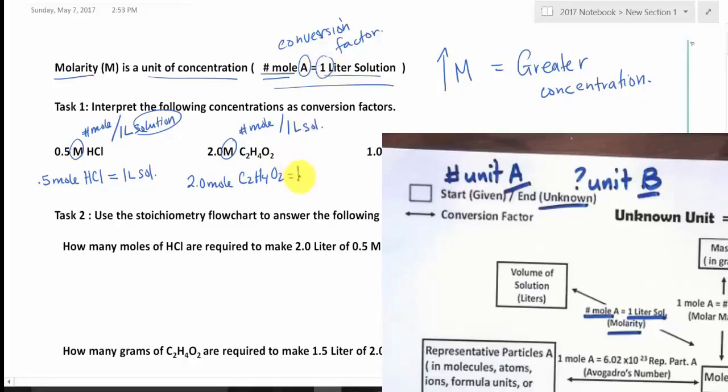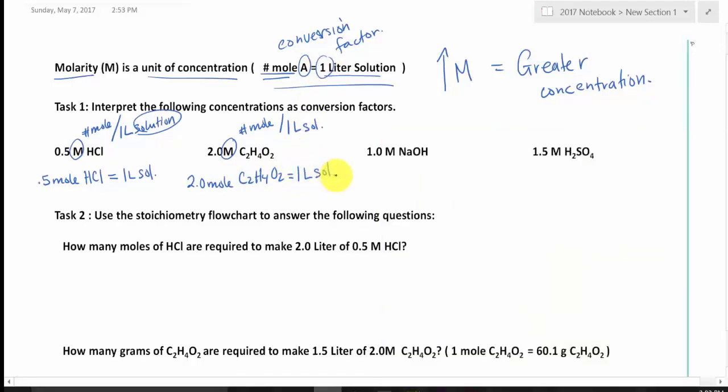Always equal to 1 liter of solution. And then over here we have 1.0 molarity of NaOH. Again, molarity is equal to number of mole divided by 1 liter of solution. So we have 1.0 mole of NaOH equal to 1 liter of solution.